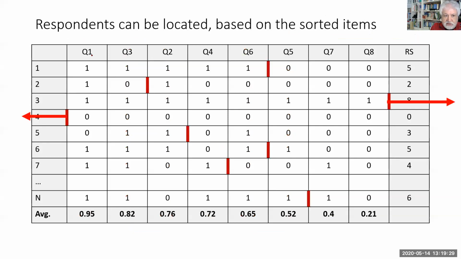And so in the next slide, I put a thick red bar in the position for each respondent. And now I'm asking a difficult question. Look at individual number 1 and individual number 6.